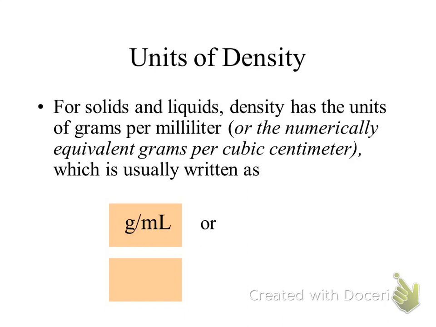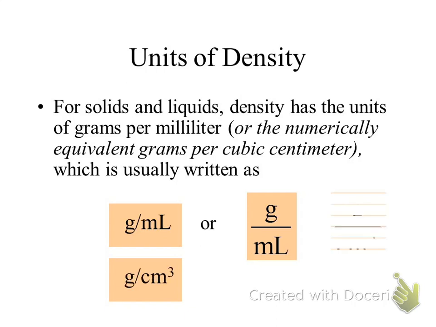So grams per milliliter would be an awesome unit for density. Notice the difference between those two, grams per mil or grams per mil, right? This second one right here, I have fluffed it out because I want to really emphasize that units of mass are on the top, the numerator, and units of volume are in the denominator.